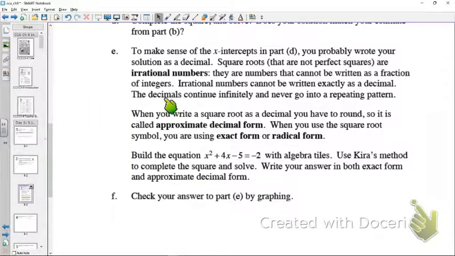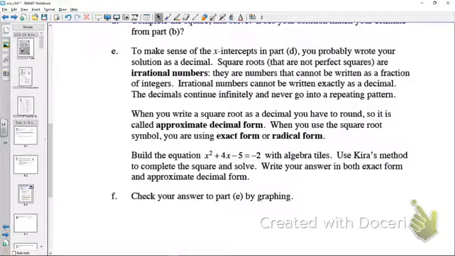E says, to make sense of the x-intercepts in D, what we just solved, you probably wrote your solution as a decimal. We didn't do that because I didn't want you to. Square roots that are not perfect squares, just like radical 10, we'll call them irrational numbers because they cannot be written as a fraction and they cannot be written as an integer. Remember, fractions can repeat, like 1/3.